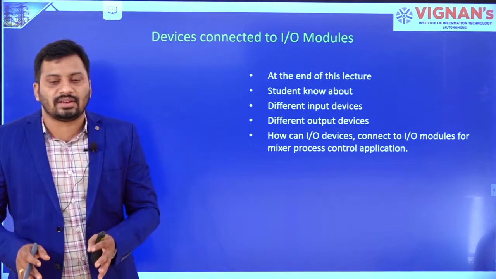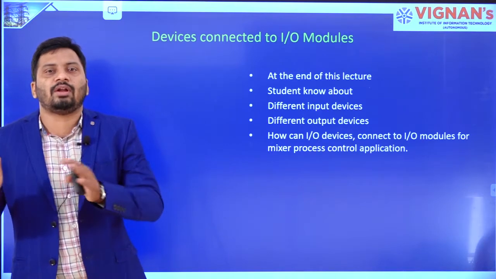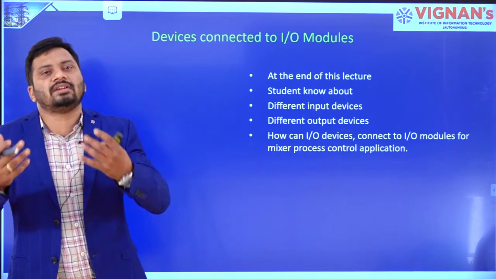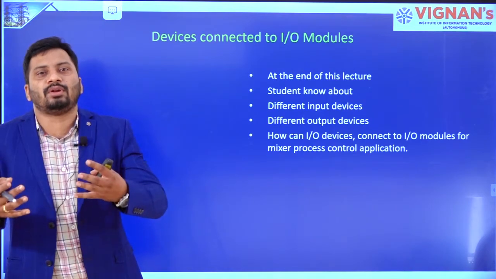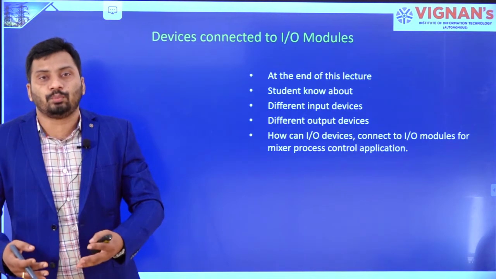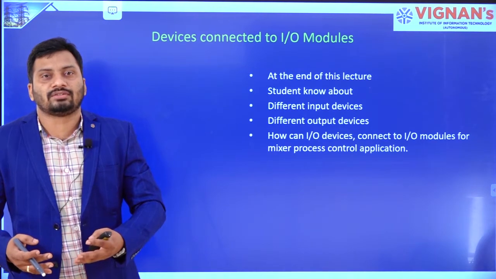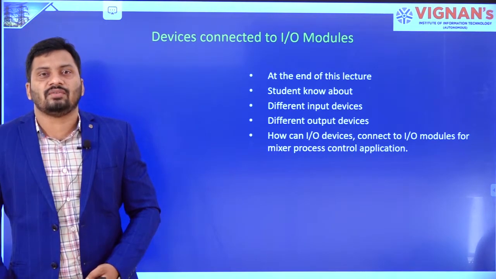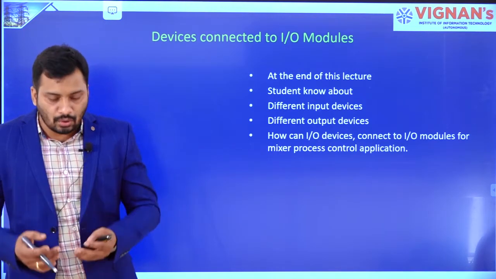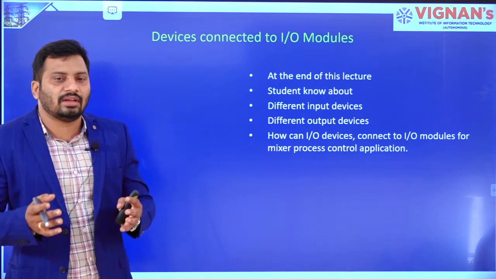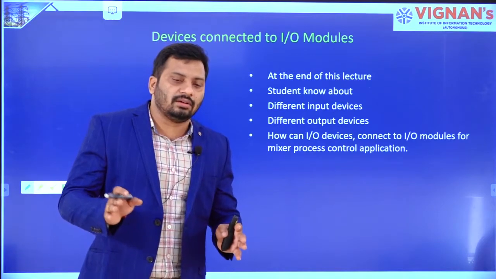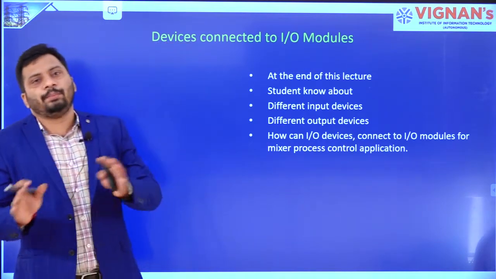By the end of this class, once you know the input and output devices, and since in the previous class we already got a little idea about the internal electronic circuitry of the input module and output module, as well as the function of the CPU, we will finally check out a live model like mixer control.